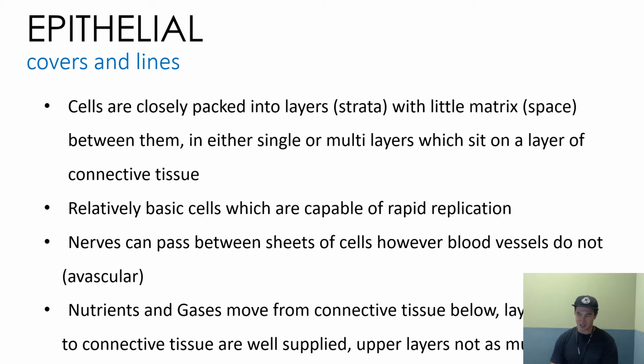Nutrients and gases can move from connective tissue below and move up towards the surface of epithelial tissue. This means that the layers closer to connective tissue are more well supplied with oxygen and nutrients. Upper layers not so much. And this will be a little bit clearer when we look at the layers of the skin and the function of the top layer of skin.